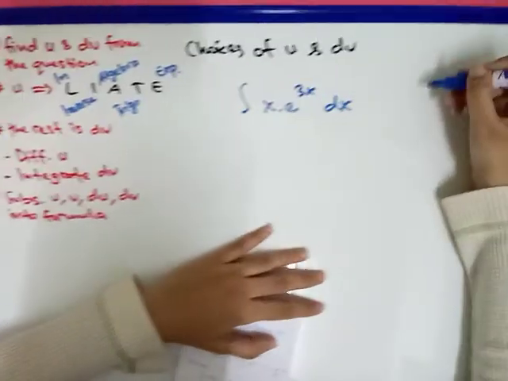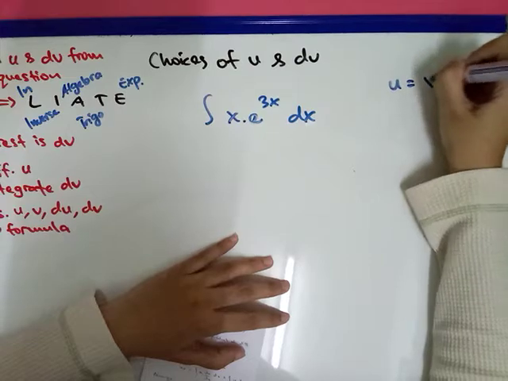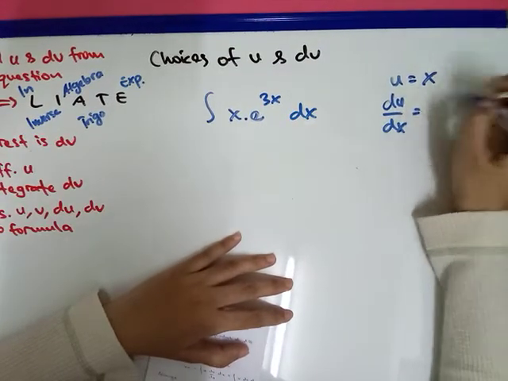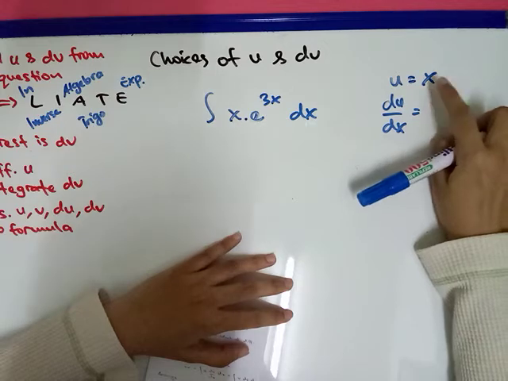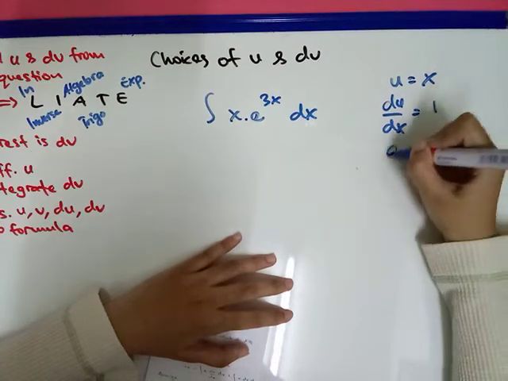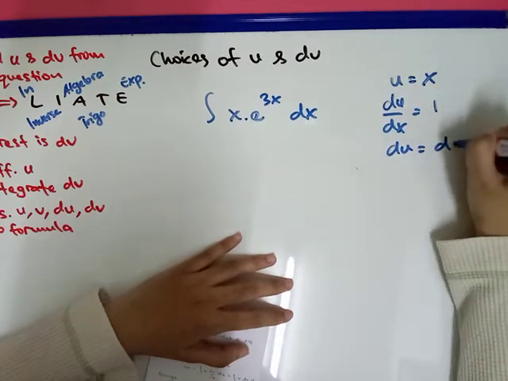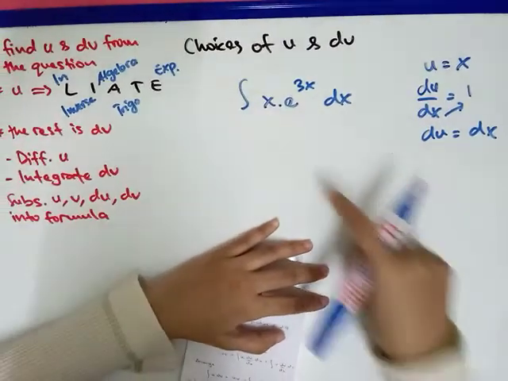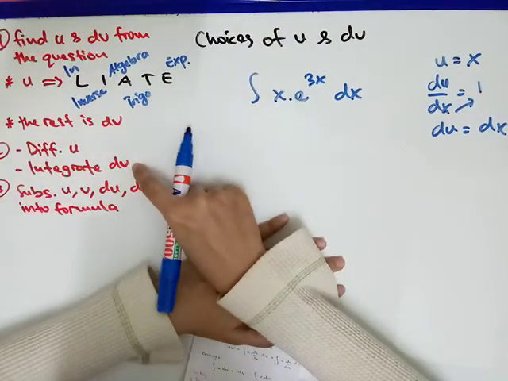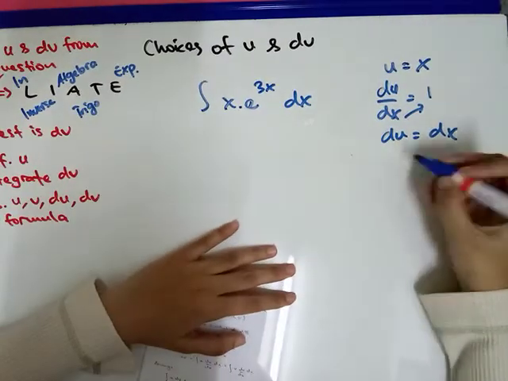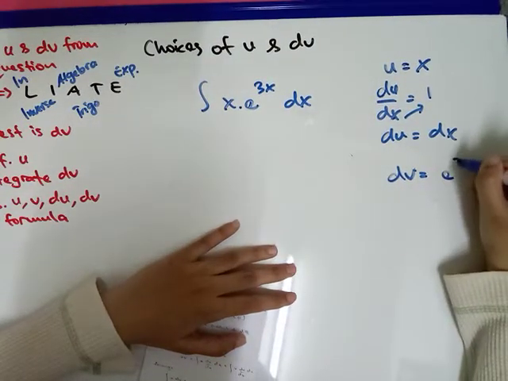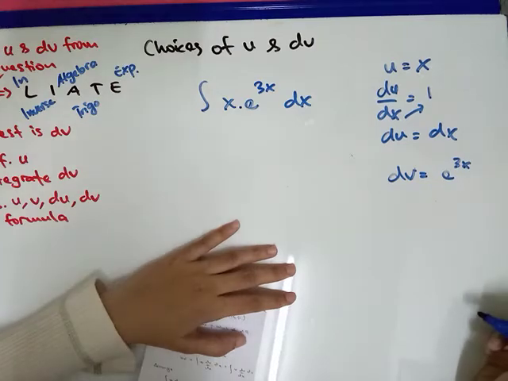U equals to x, differentiate U with respect to x. Differentiate x, we get 1. So du equals to dx. Yang ni buat sebelah. And then for dV, we need to integrate. dV kita dah let sebagai exponent 3x.